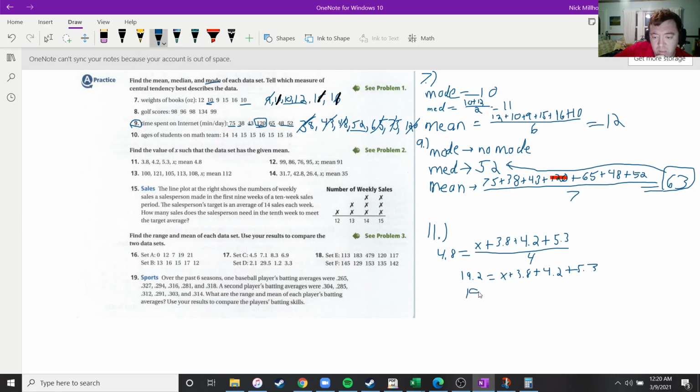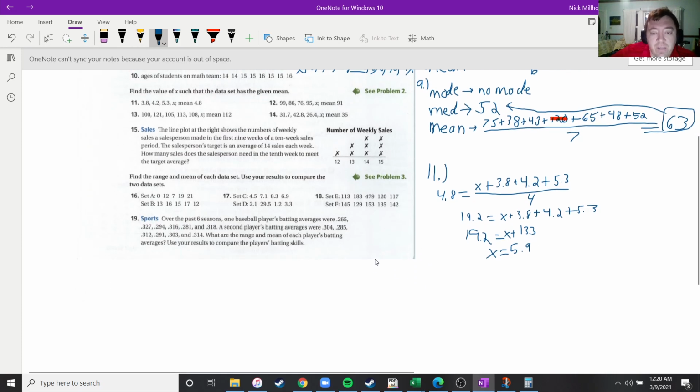So 19.2 is equal to x plus 13.3. Your x value is then going to equal 5.9 when you subtract it. So 19.2 minus 13.3 gives us an x value of 5.9.